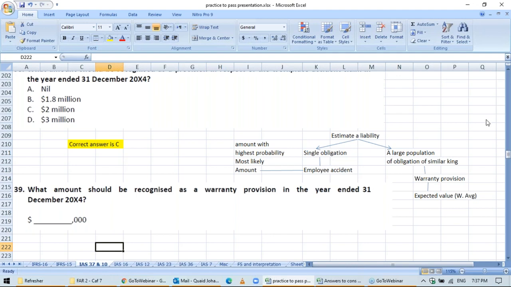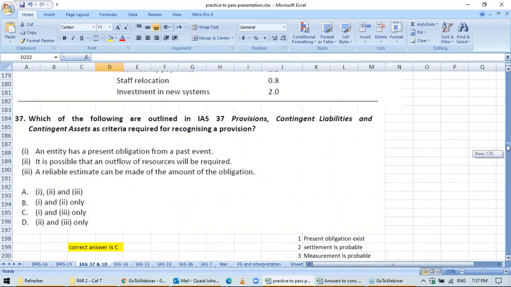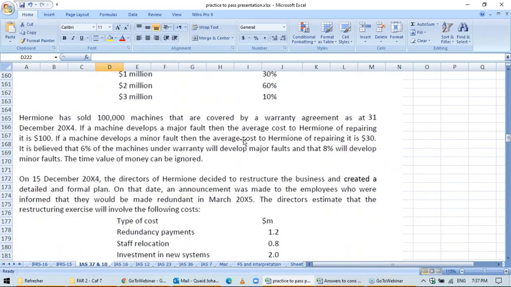So over here, if you see the question, warranty provision. What do they say? They say that two types of faults can occur. One is minor fault and the other one is major fault. So there are two possibilities. The chances of minor fault is 6% and major fault is 8%.